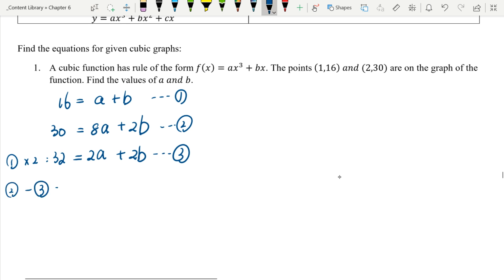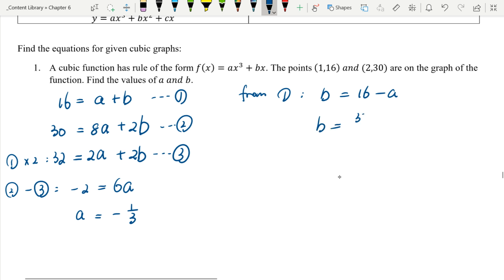Equation 2 minus equation 3, top minus bottom, we have negative 2 equals 6a, and a equals negative a third. From equation 1, b equals 16 minus a, so b equals 48 over 3 minus negative a third, and then b equals 49 over 3.